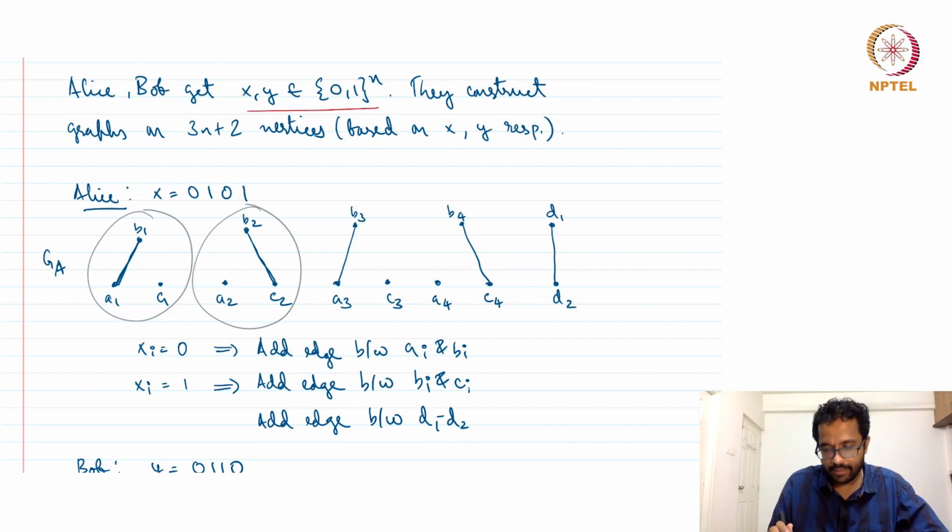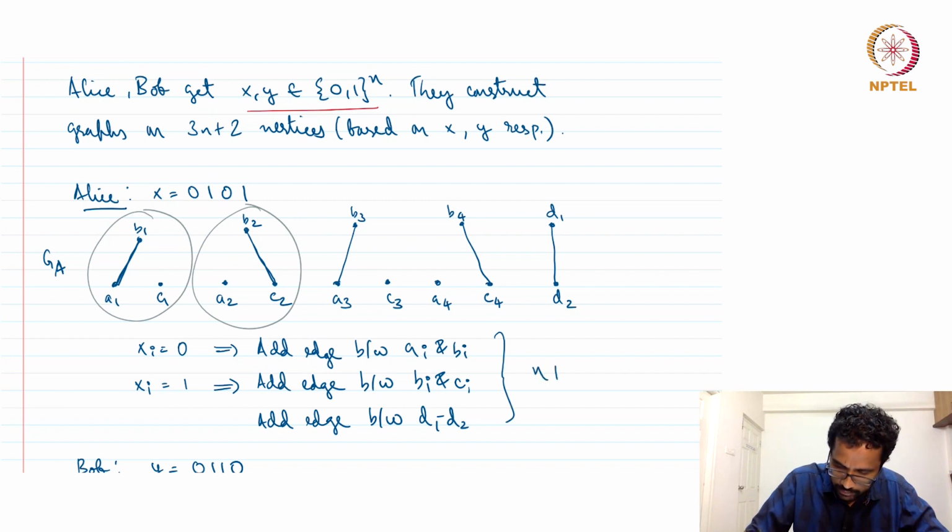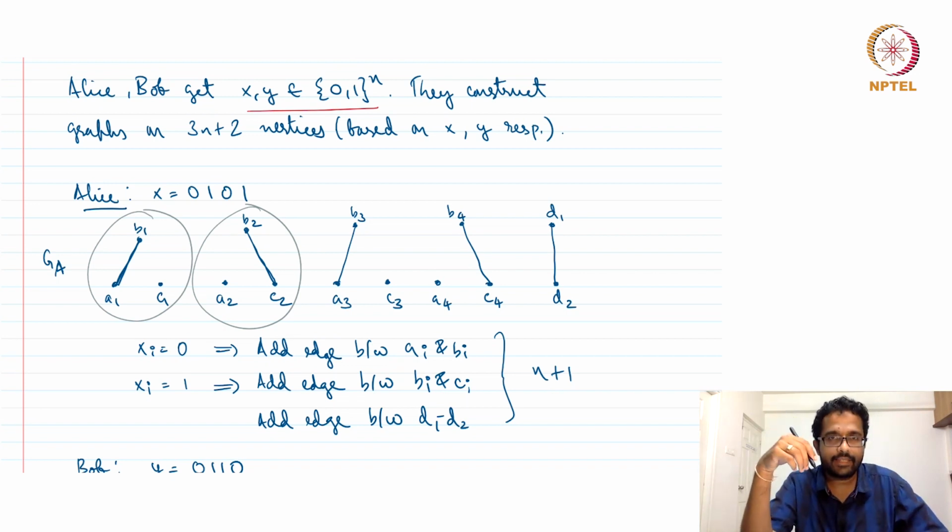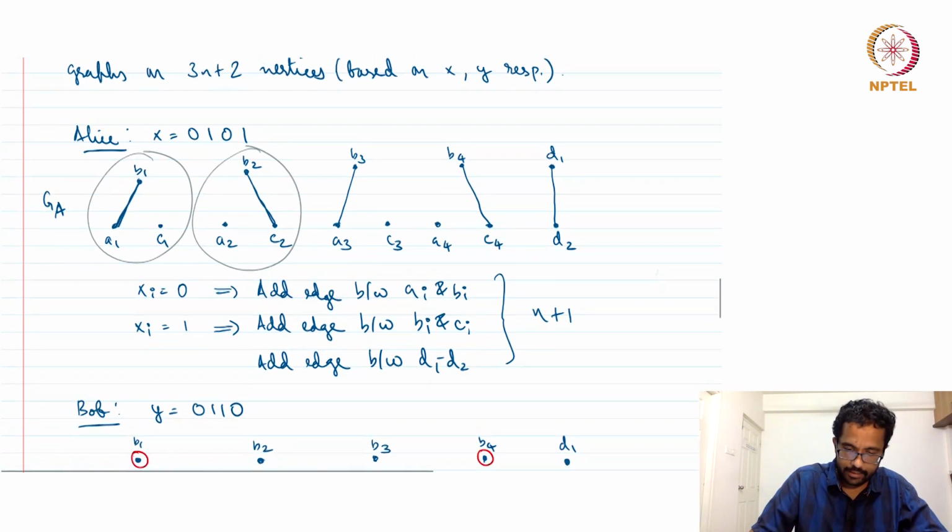So Alice's graph has exactly n plus 1 edges. For each bit, whether it is 0 or 1, she adds an edge between either Ai and Bi or Bi and Ci. And finally, there is an edge between D1 and D2. This is the graph of Alice.